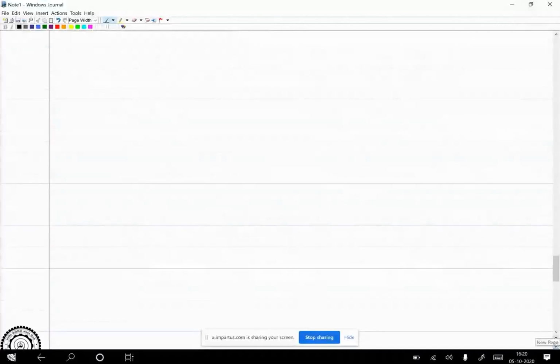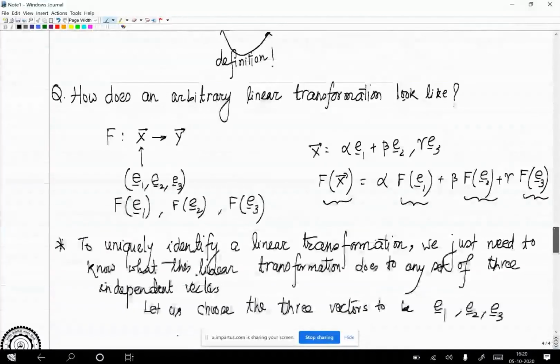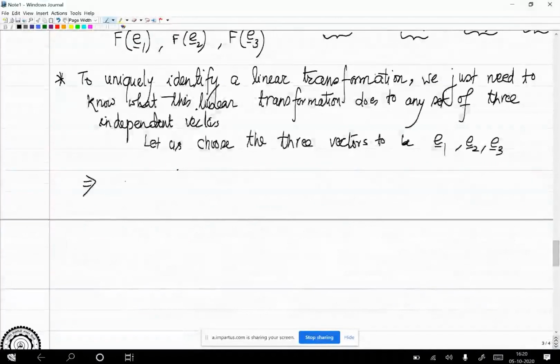Okay? And our linear transformation, suppose I write it as A. So A into E1, what is this going to be? It will be some vector which is known to us, because we said now, if we know what it is doing to three vectors, we can know what it is doing to any arbitrary vector. So suppose A into E1 is equal to some vector V1.